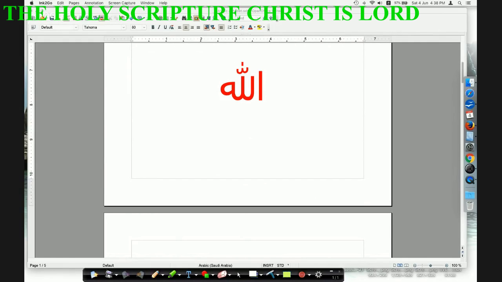Even my mouse is not working correctly. I don't know what to do. What happened? Oh. So this letter here, A, this is Alif. Oh, it's in red. We'll make sure I can make it clear. This is Alif, A. All right, this is A.